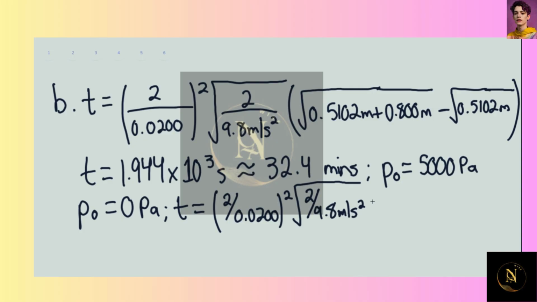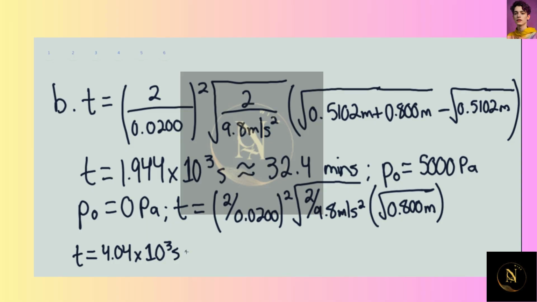This is going to be multiplied by the square root of 0.800 meters. T would then be equaling 4.04 times 10 to the third seconds. And if you want to divide by 60, approximately 67.3 minutes.